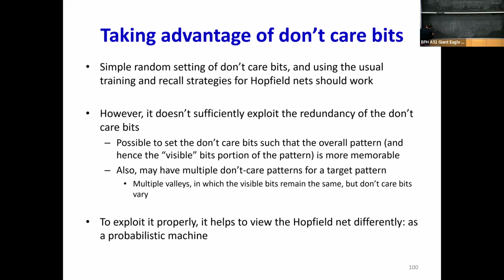I can create plus 1, minus 1, and minus 1, plus 1, minus 1 as a second pattern. And both of these patterns, these are the visible pattern bits, these are the hidden bits. I have 2 copies of the same visible pattern with different values for the hidden pattern. Then I can try to store both, which means that this particular pattern becomes more memorable, easier to remember, right? So these are all options that we can consider when we begin to exploit these hidden neurons.